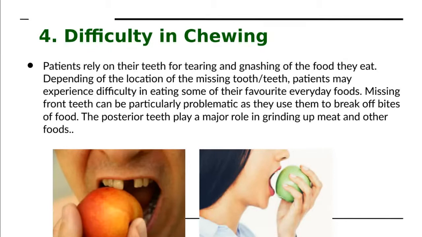And if the anterior teeth are lost, the patients will have difficulty in chewing. Particularly if the centrals, the laterals or the canines are lost, there will be difficulty in chewing and biting objects. Whereas if the molars and premolars are lost, it will be difficult to grind food.